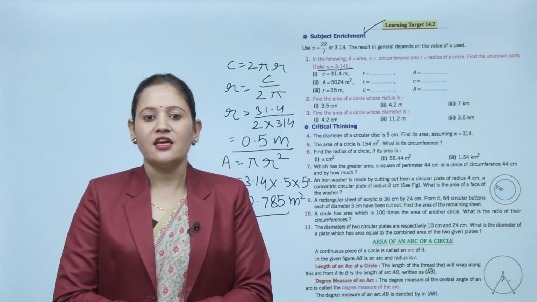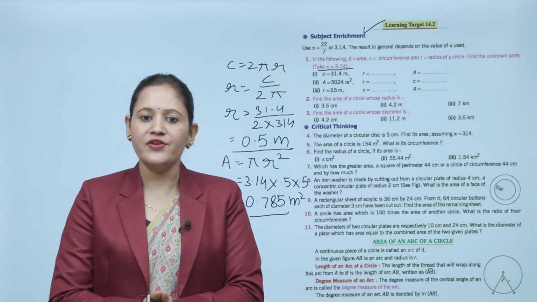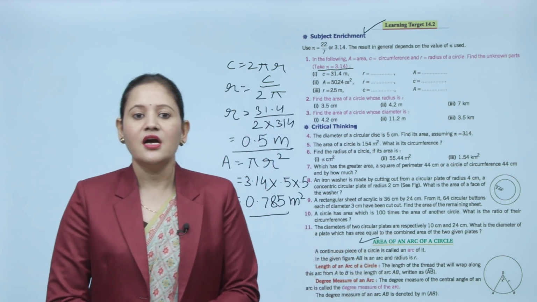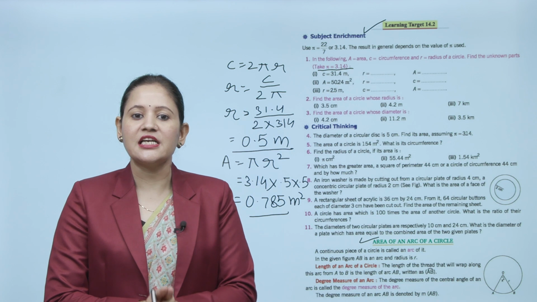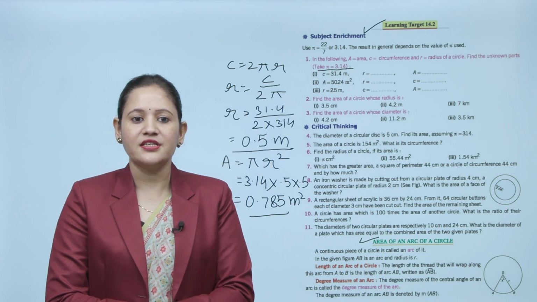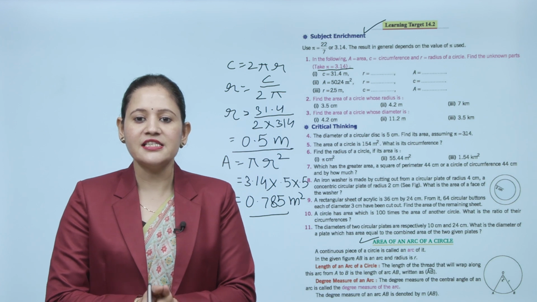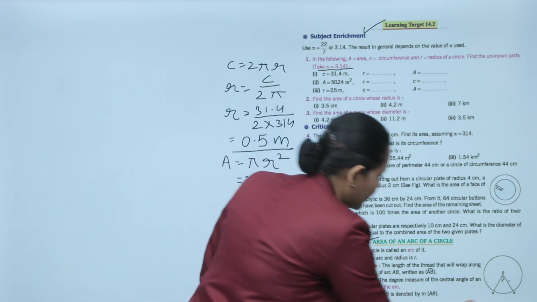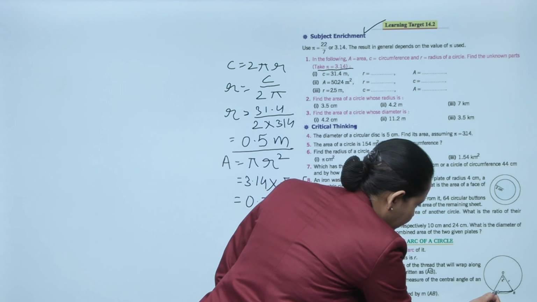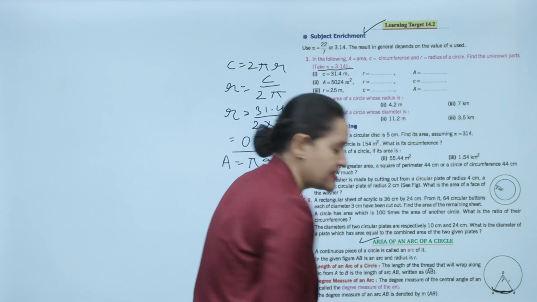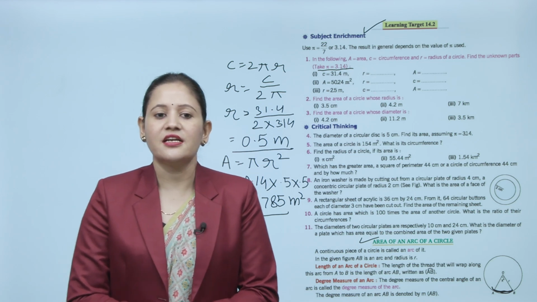Next is area of an arc of a circle. A continuous piece of a circle is called an arc of it. In the given figure, AB is an arc and the radius is R. This AB is an arc and r is the radius of the circle.